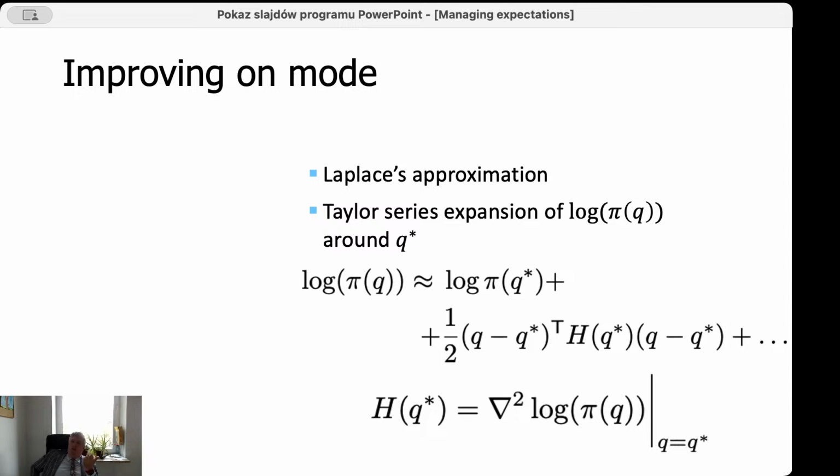And the idea is, of course, to use Taylor expansion. However, not to use Taylor expansion directly on the distribution, which is obviously not a polynomial function, because it's a function that integrates to 1 over the entire probability space.